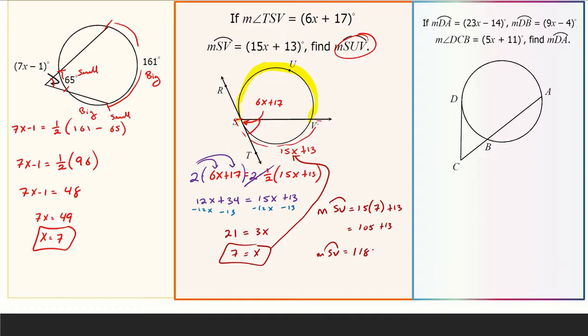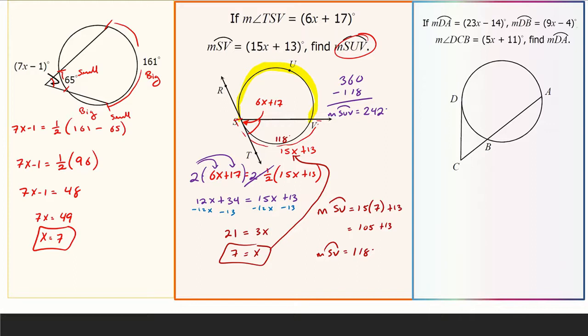Once we know that's 118, we can subtract that from 360, and that's going to give us our measure. So here we get 360 minus 118, and that's going to give us the measure of arc SUV, which is 242 degrees.